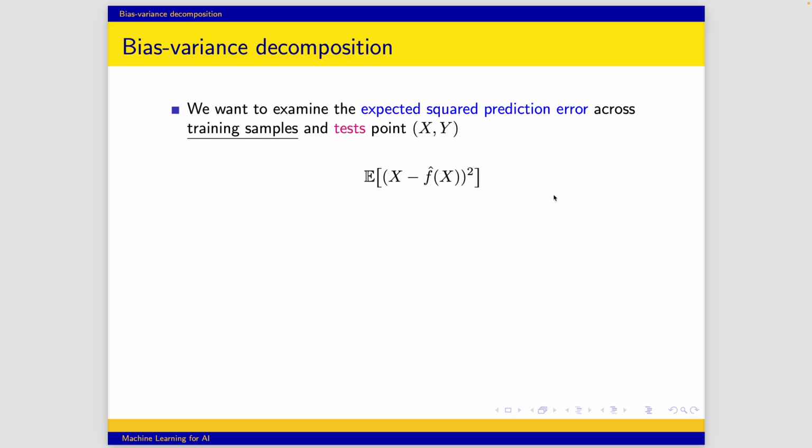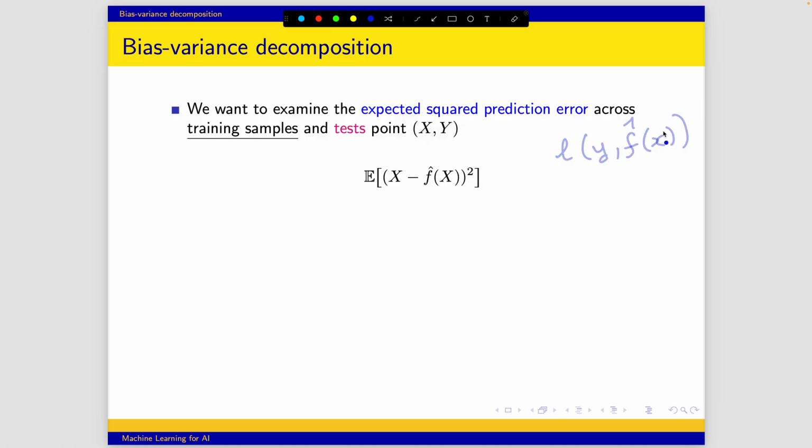Okay, so what do we want to do in the bias-variance trade-off decomposition? What we want to do is characterize this quantity here, the expected squared prediction error. So the bias-variance trade-off, at least in its classical form, uses the square loss. If you recall, we have different losses, different ways of measuring the discrepancy between a target y and our prediction using our prediction rule at some value x.